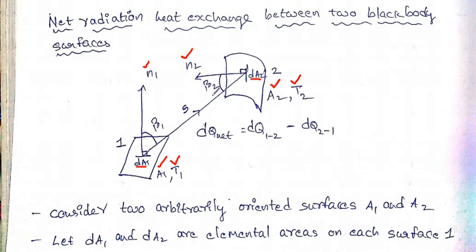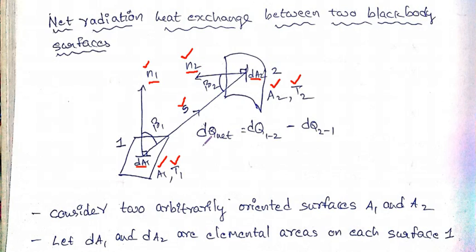These two elemental areas are joined by a line of length S, and this line makes angles beta 1 and beta 2 with the normals of the surfaces A1 and A2. See here, this is the line joining dA1 and dA2.